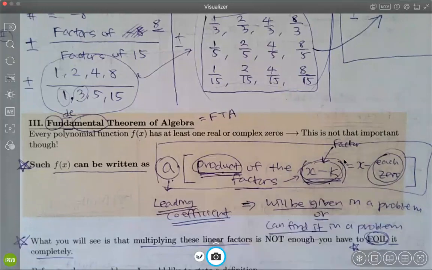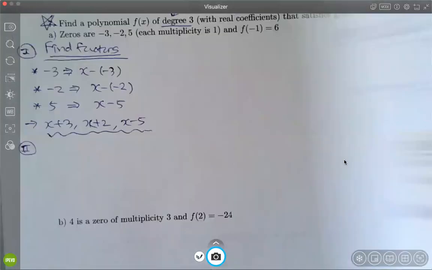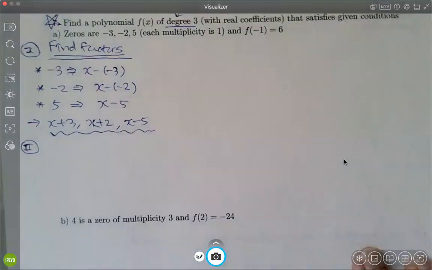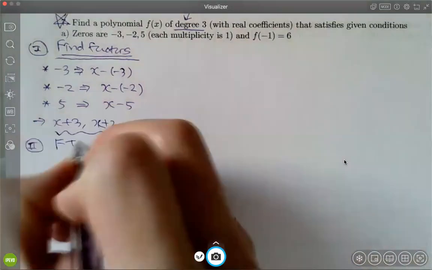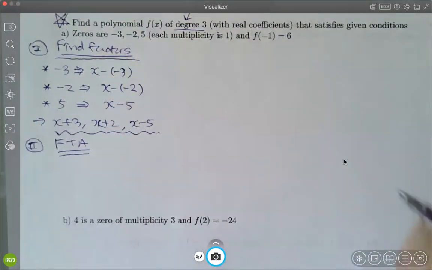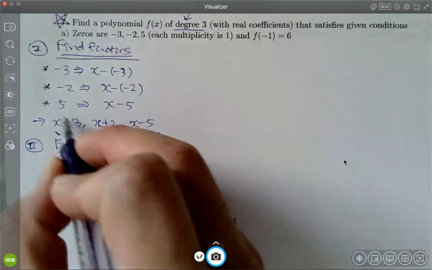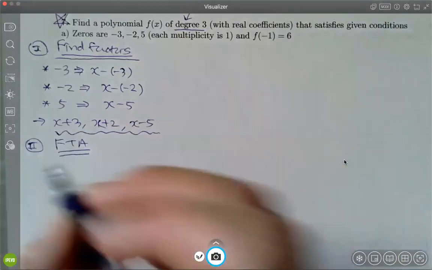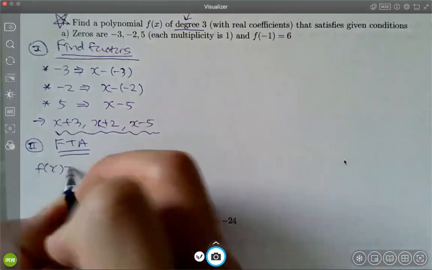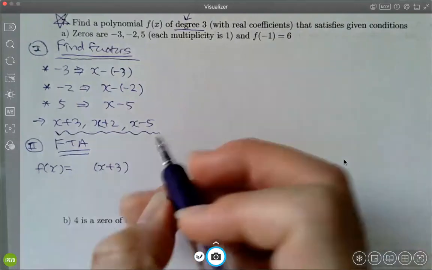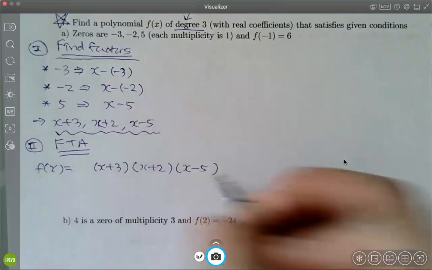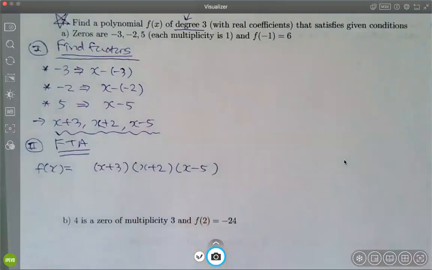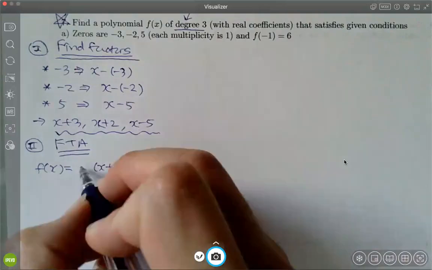So due to the FTA, we multiply these 3 factors. In other words, f of x is equal to x plus 3, times x plus 2, times x minus 5, followed by a, the leading coefficient.